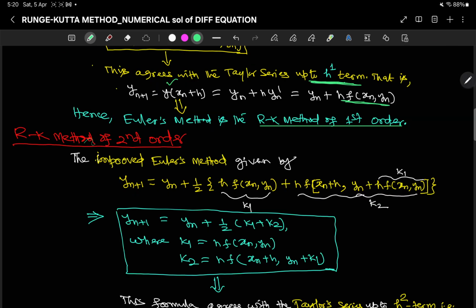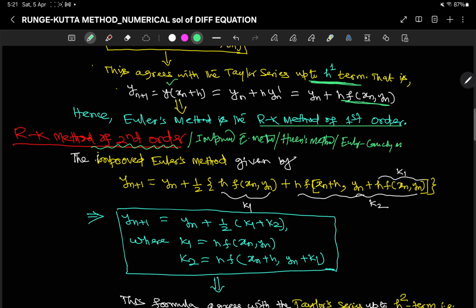Now coming to the RK method of second order, right? This method is the same as the improved Euler method, or it is also Heun's method, or it is also the Euler-Cauchy method, right?